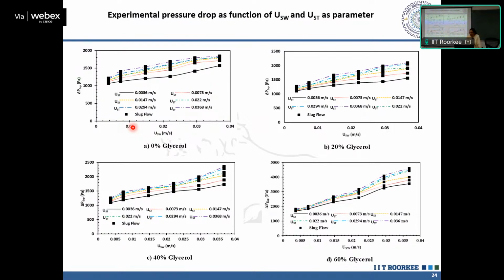So the pressure drop is increased a few fold. Comparing the highest pressure drop, it is at least more than 2 times for the most viscous continuous phase compared with the least viscous.